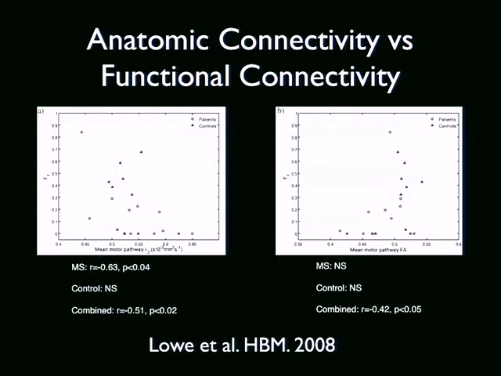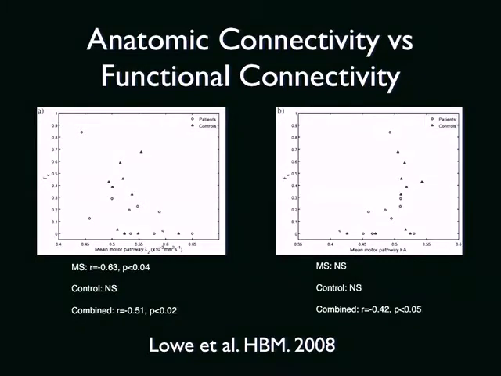And what he found was that the graph to the left is looking at a scatter plot of radial diffusivity on the x-axis and then functional connectivity on the y-axis. What he found was there was a significant correlation in MS patients between radial diffusivity and interhemispheric connectivity, but not in controls.